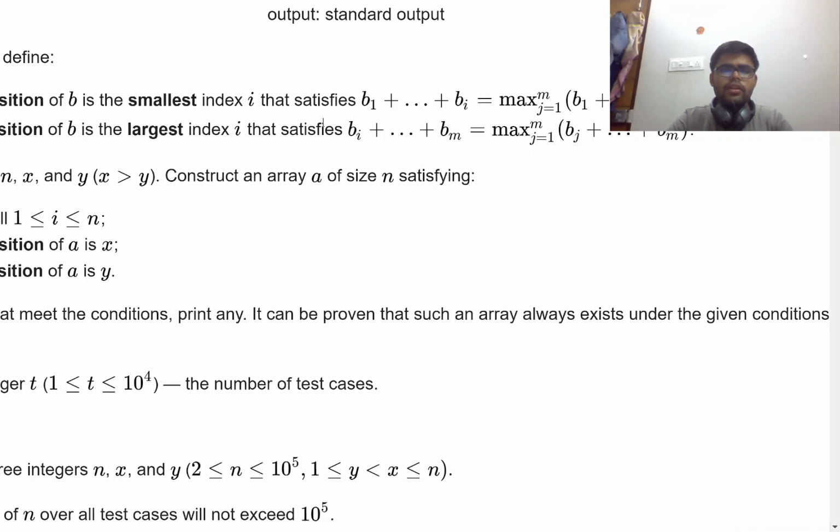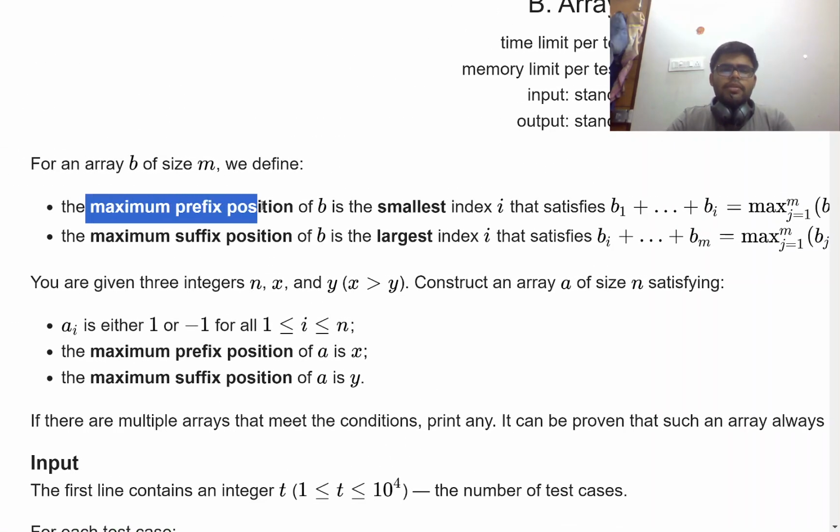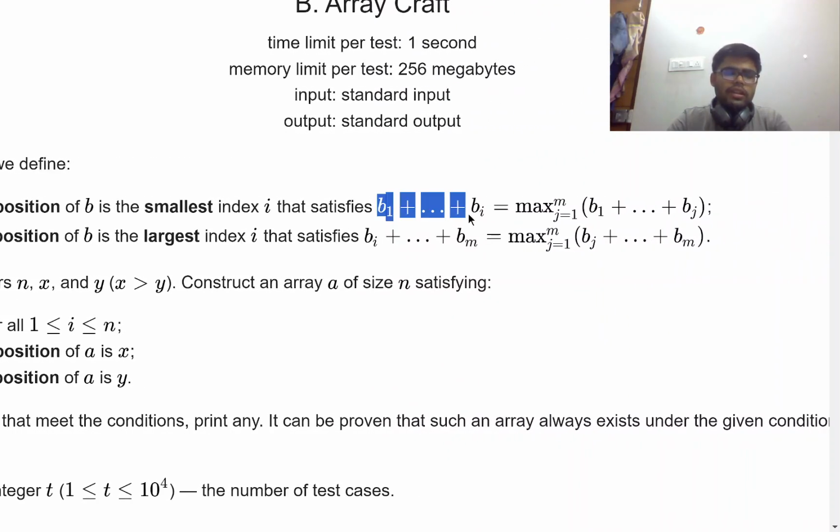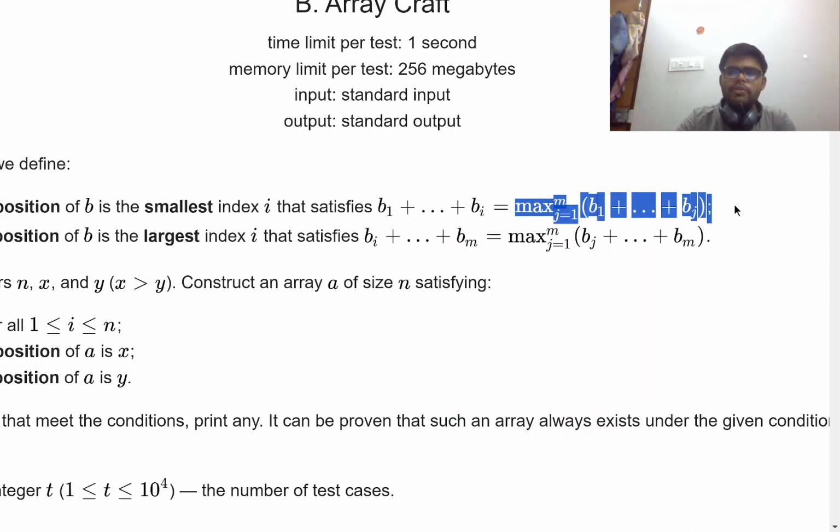Now let's look at this. The maximum prefix position of B is the smallest index i that satisfies that the sum of elements of array B from index 1 till index i, that is the prefix of length i, is equal to the maximum possible sum of any prefix.